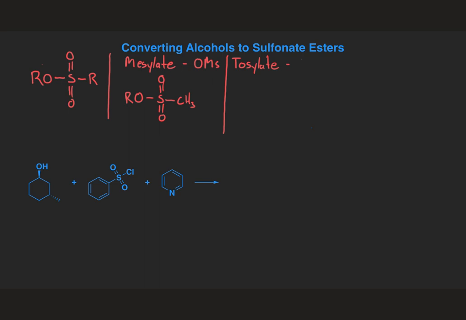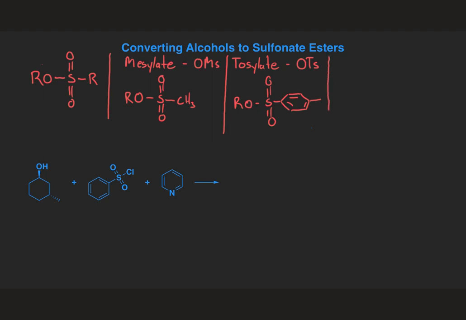That is often abbreviated OTS. And in a tosylate, the R group is a benzene ring with a methyl group in the 4 position on that benzene ring.